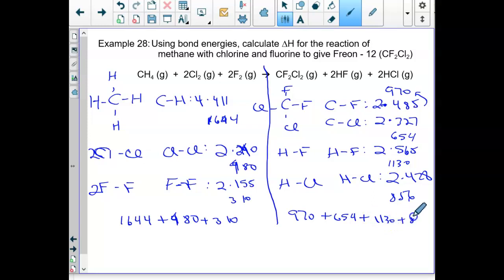All I'm doing is taking the pieces up above, and I'm going to sum. Okay, so now we're going to take the sum of these values. So 1644 plus 480 plus 310 gets me 2434.